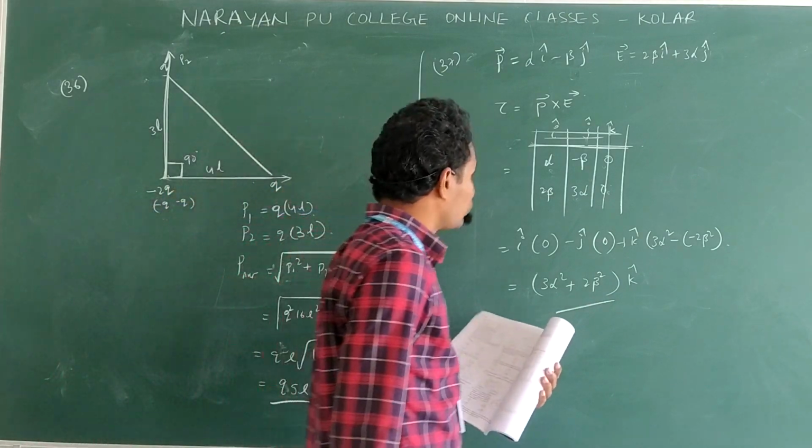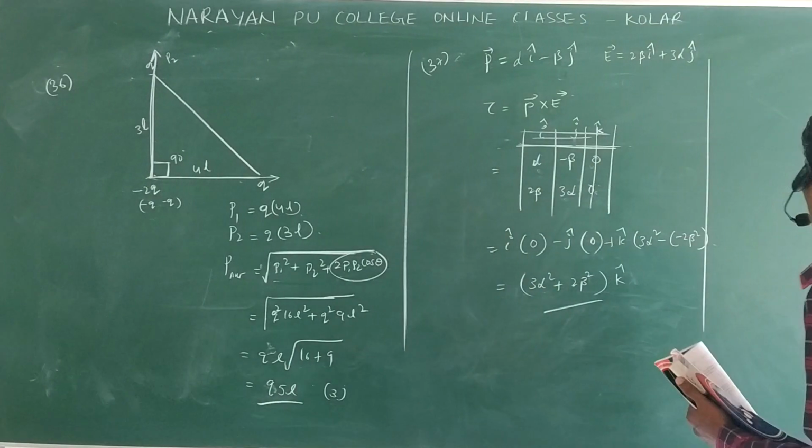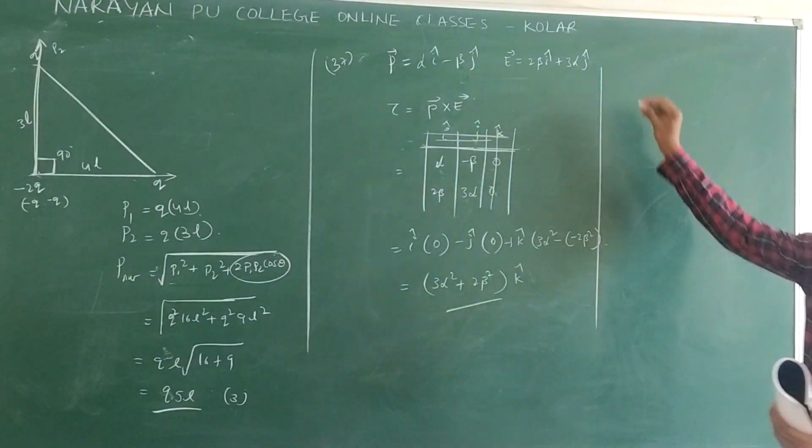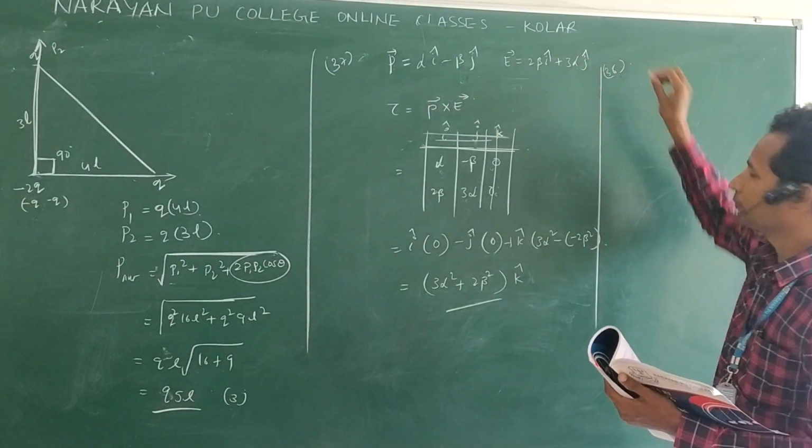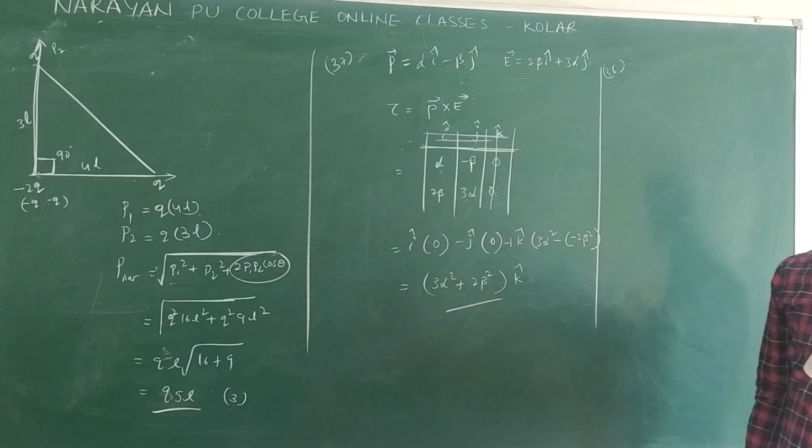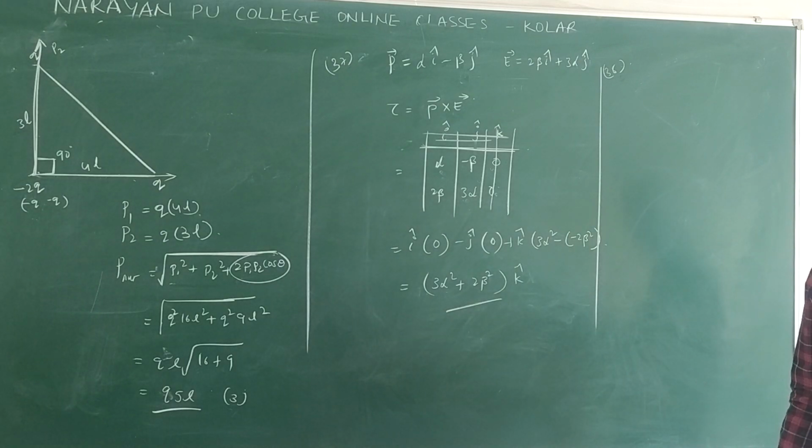Now come to 38. A dipole is placed parallel to the field. If W is the work done in rotating the dipole by 30 degrees, then the work done in rotating it by 90 degrees is. This is a very important model question.